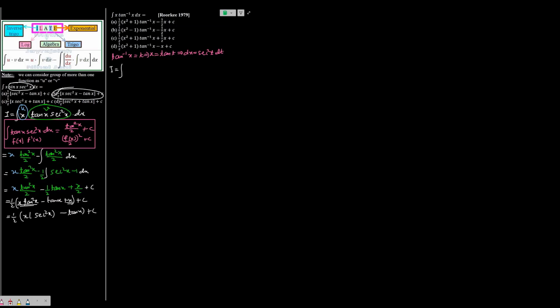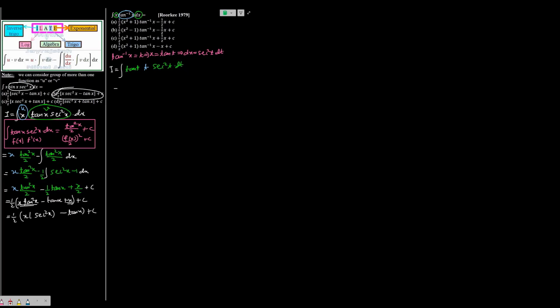Integration of, instead of x, we have to place tan t. Then instead of tan inverse x, we have to place t. And instead of dx, we have to place sec square t dt. Same question, right?